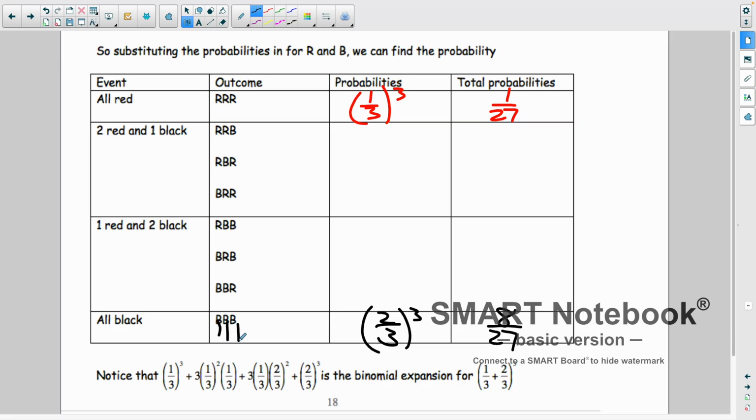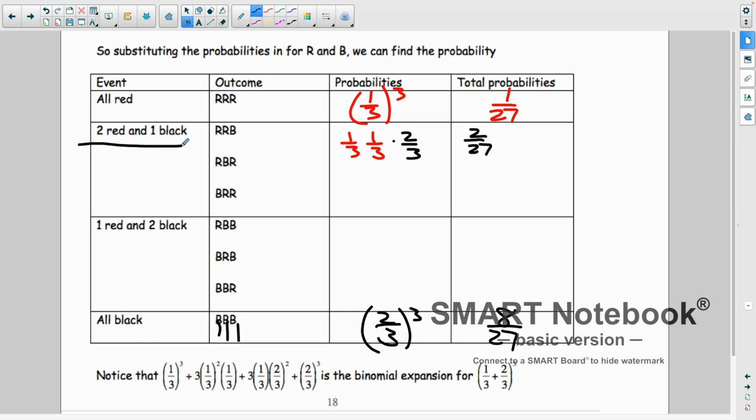Okay? This one right here. To get 2 reds and a black, I'd go 1/3, 1/3, and 2/3. So I'd get 2 27ths, except what? Is that it for 2 reds and a black?